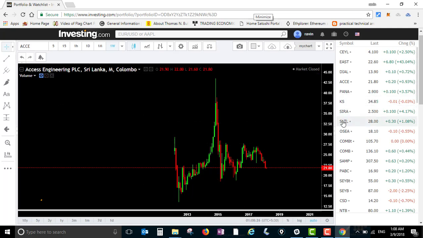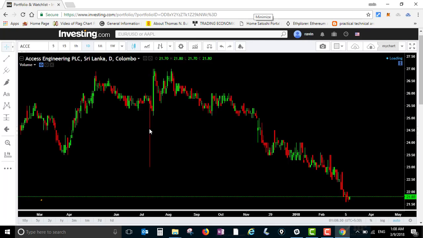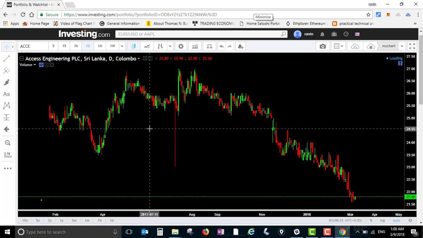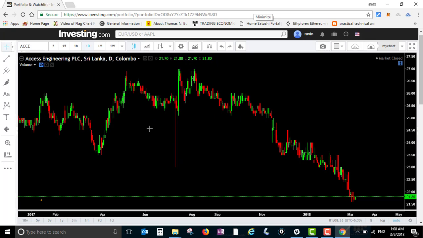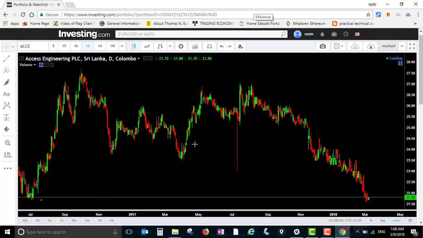Okay, this is the chart, right? So let's go to the day chart. Unfortunately, in the Colombo stock market, you can't find high liquidity shares. Very rarely can you find high liquidity shares. As a whole, our market is very small compared to world markets.